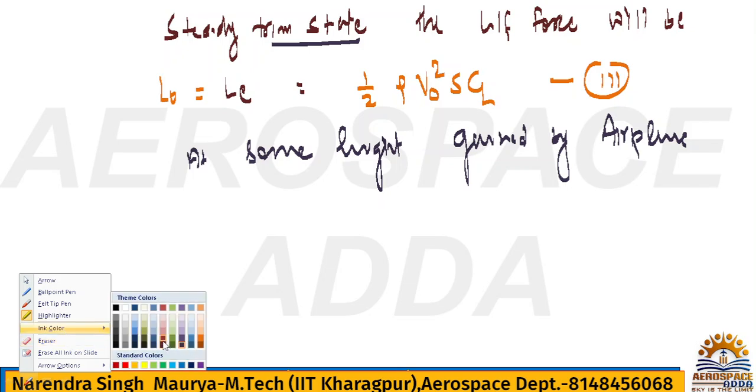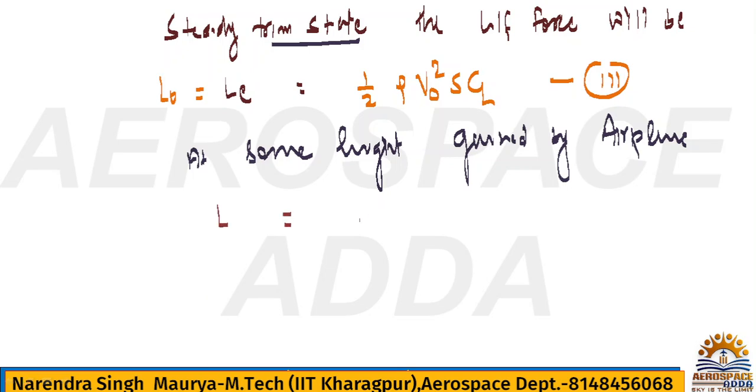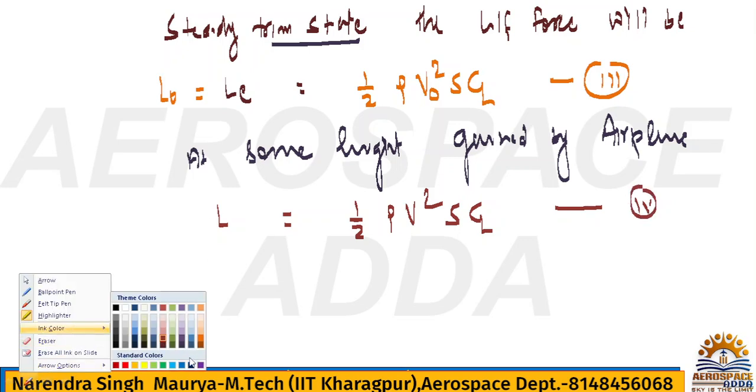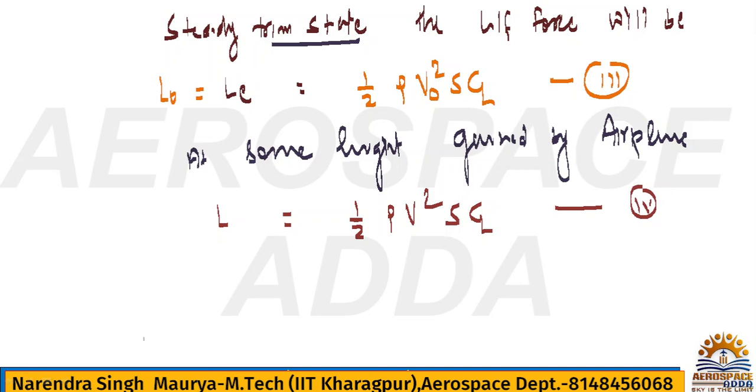So obviously at that height, lift is nothing but half rho, velocity becomes v square, S CL. This is equation number 4. Okay, all equations you have to summarize, for both points 1 and 2 we are simply writing the lift force.